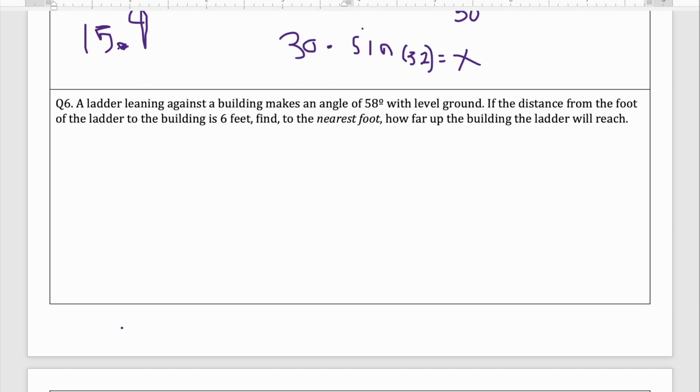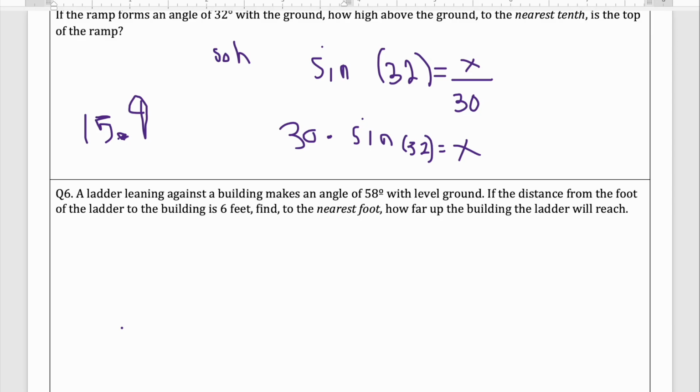Okay. A ladder leaning against a building makes an angle of 58 degrees with the level ground. Ground, ladder, and wall. Okay. Now, this is 58 degrees.